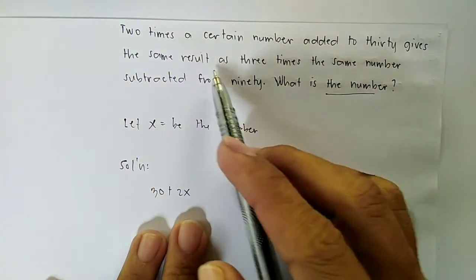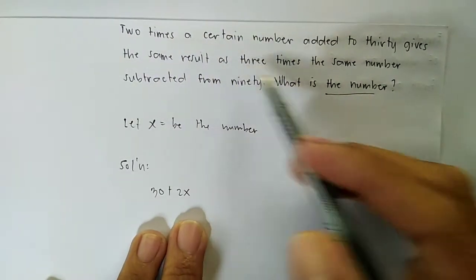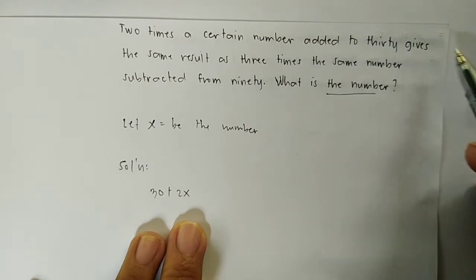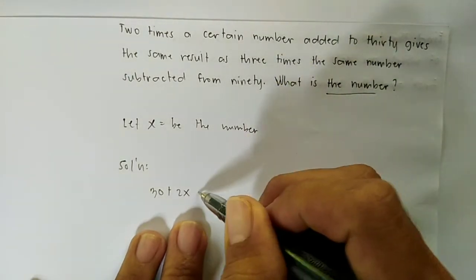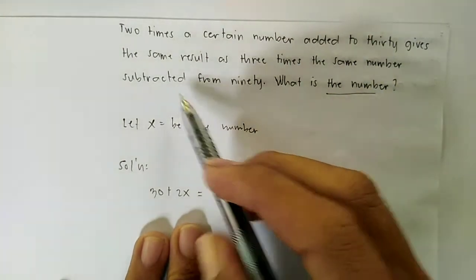This gives the same result as, meaning in short that it is equal to, 3 times the same number subtracted from.